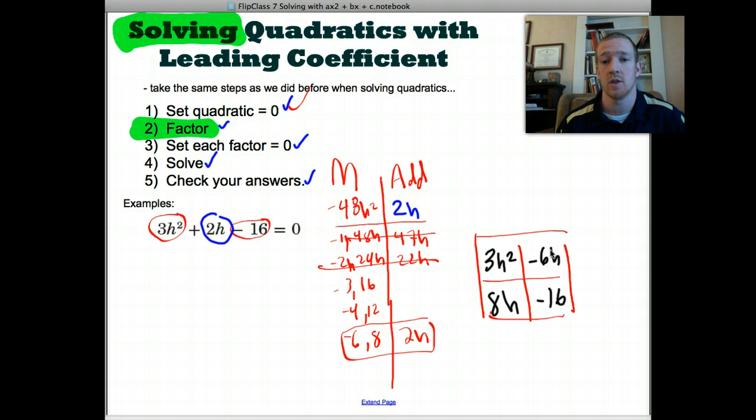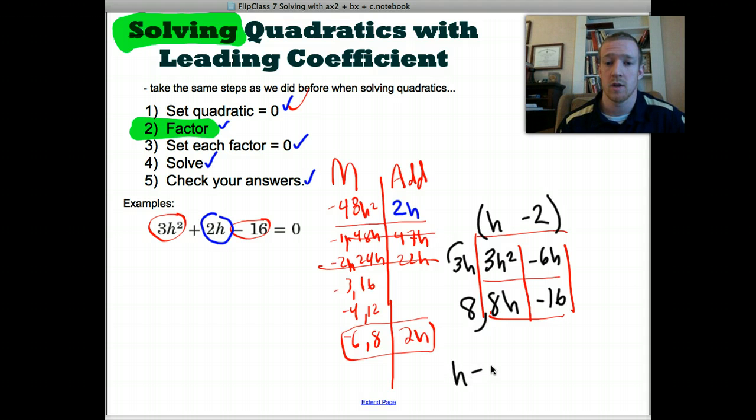I could have put the 8h up here and the negative 6h here. That'd be fine. So factor out, what's the GCF here? It's a negative 2. What's the GCF here? Just an h. Here we have a 3h, and here we have an 8 as our GCF. So that factors to h minus 2 and 3h plus 8.